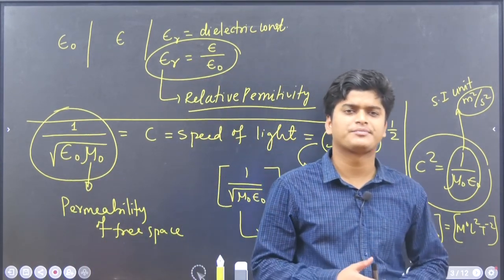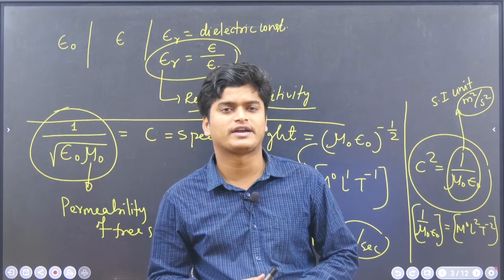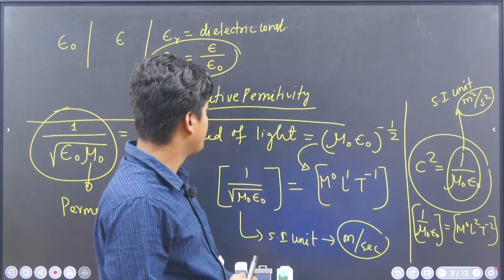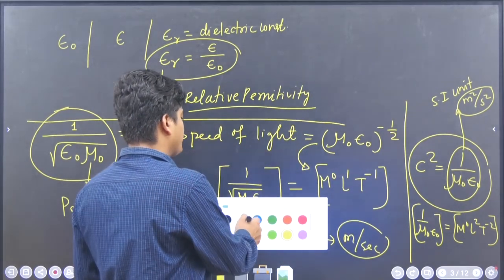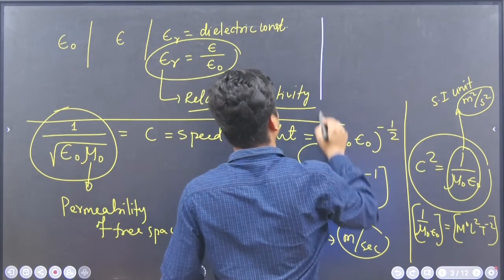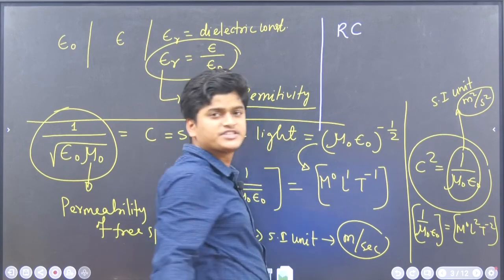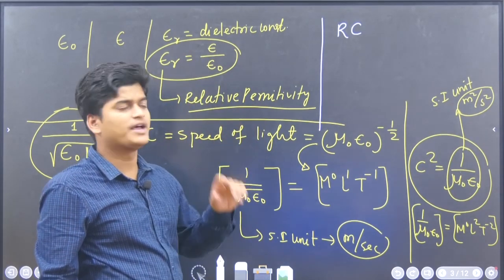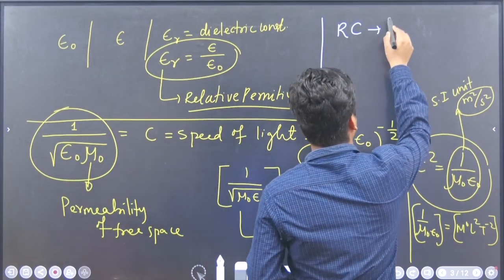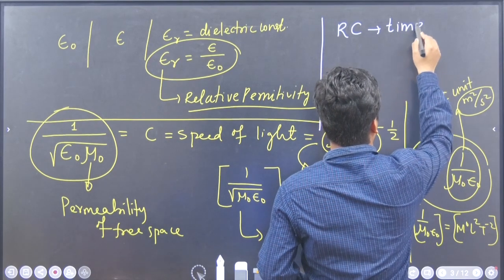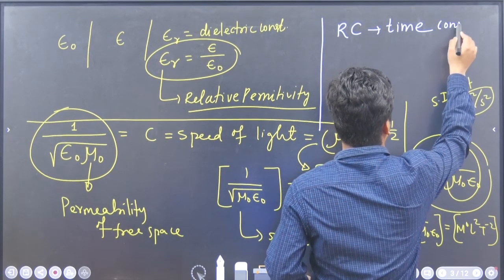Now we will be solving some MCQs based on whatever quantities we discussed. And remember, there are many electrical quantities we will study in 12th standard. Suppose R is called resistance and C is called capacitance. If you multiply this R and C, what will they give you? They will give you time, called the time constant.